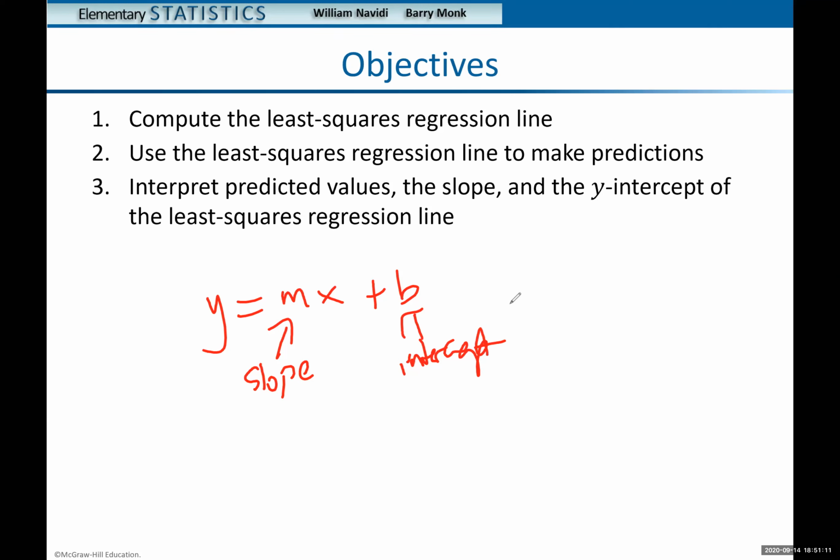So here, we're going to use the same equation with different variables. So compute the least squares regression line, that's the first thing, and then use the least squares regression line to make predictions, and then interpret the predicted values, the slope, and the y-intercept. So yes, when you use StatCalc 8, you'll see above y equals ax plus b.